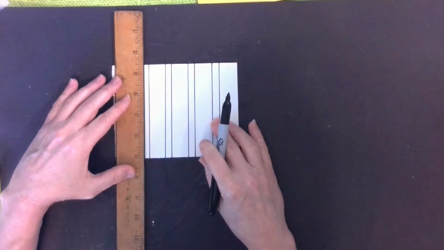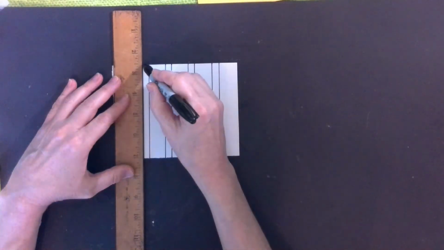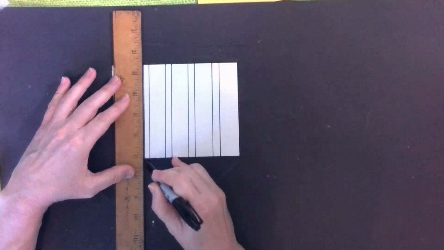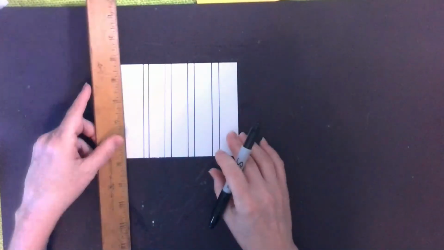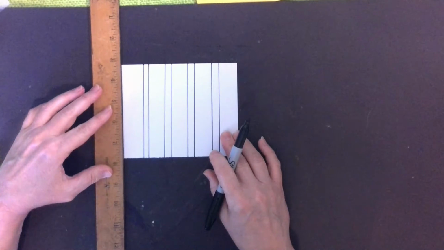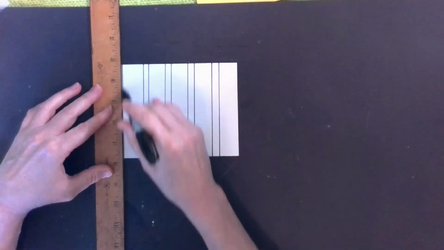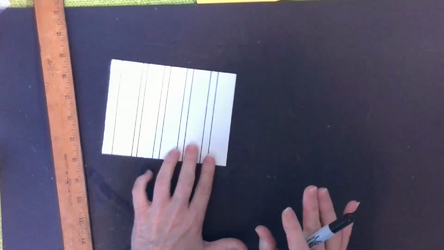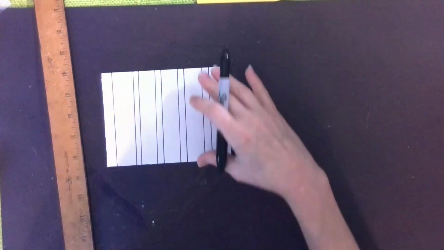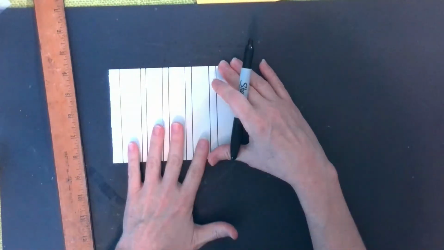Oh, of course it helps if I don't draw on my ruler, but I actually draw on the paper. Okay, and then I have a nice thick one and a little thin one at the end, or however you want it to be. Alright, so I have my lines going in this direction.